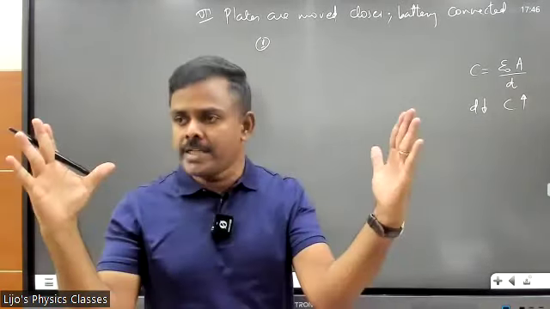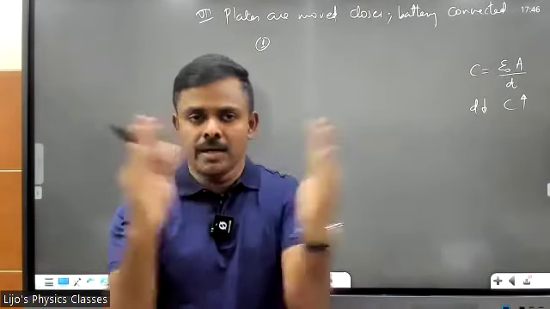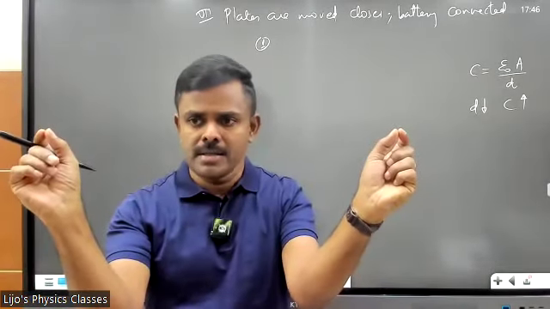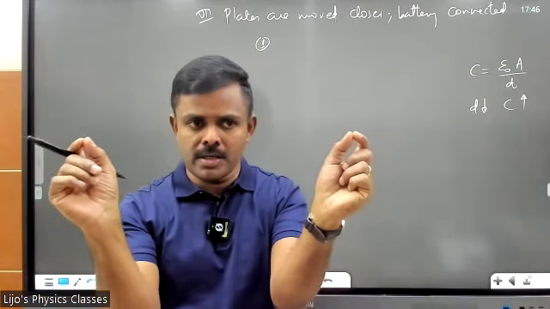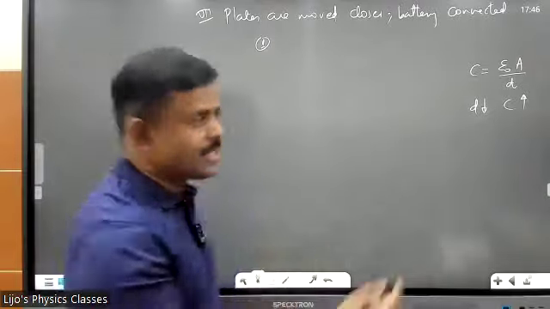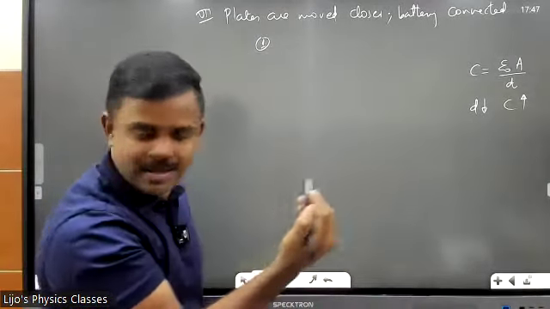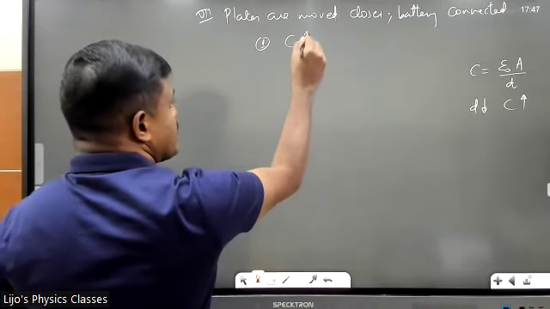When you move the plates closer to each other, look at this. You're holding them using handles and moving them closer like this. Distance is decreasing, which means capacitance will increase. So first one, capacitance will increase.